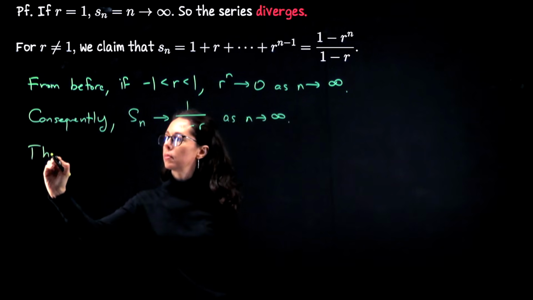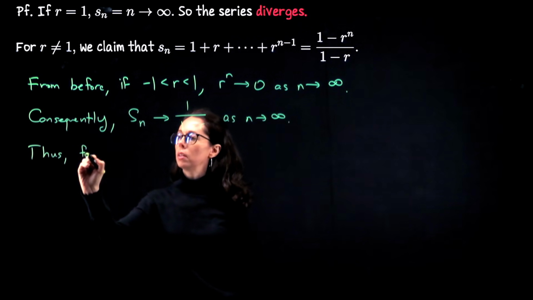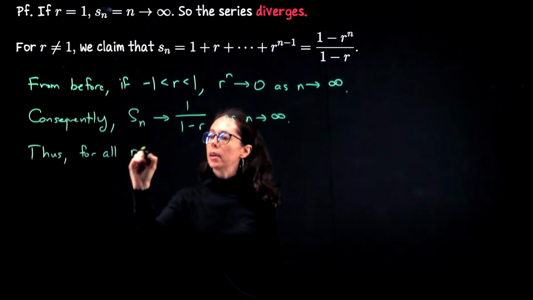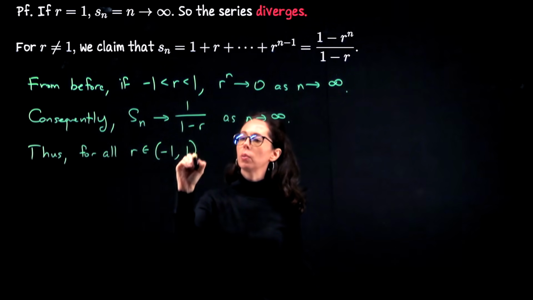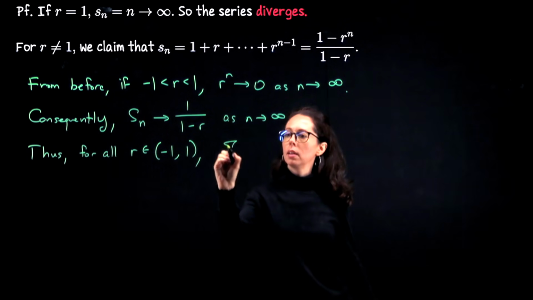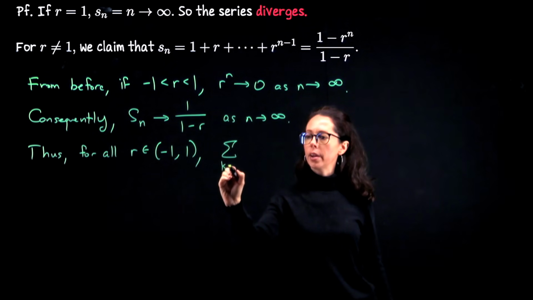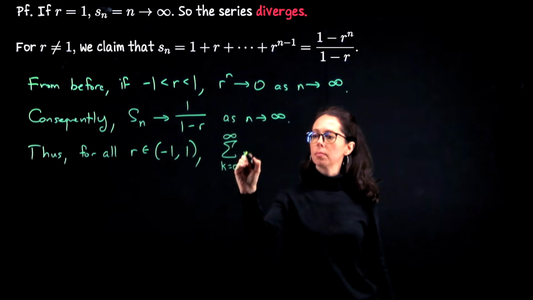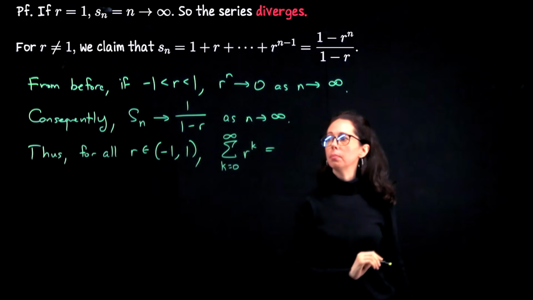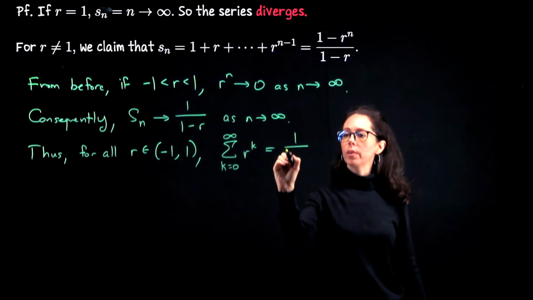Thus, for all r strictly between -1 and 1, the geometric series starting with a lower index of 0 for this first case adds up, and it adds up to 1 over 1 minus r.